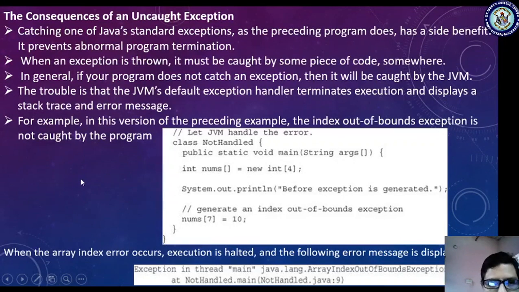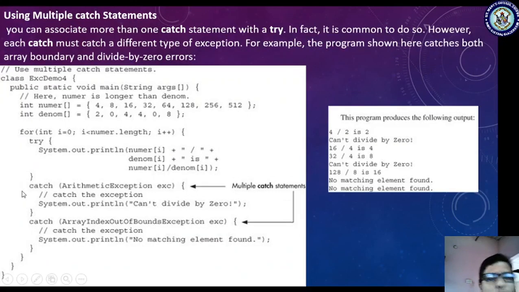If an end user gets these kinds of messages, he cannot make head or tail of them. Okay, so that is our program, and now we will see multiple catch statements.